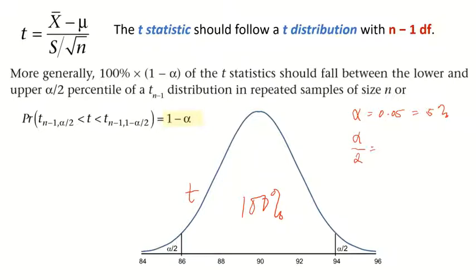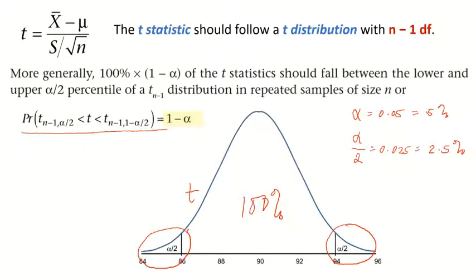In the case of alpha being 5%, alpha over 2 will be 0.025 or 2.5%. We can see in this illustration that alpha over 2 are found here at the tails of our t-distribution. Let us dissect this particular expression here.